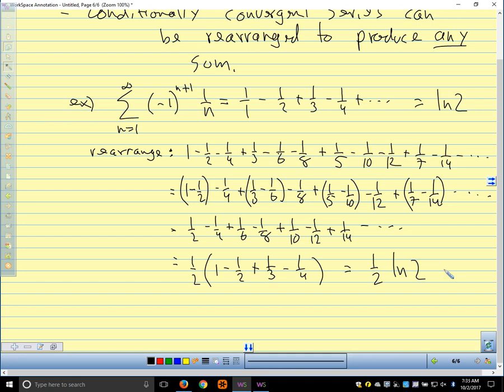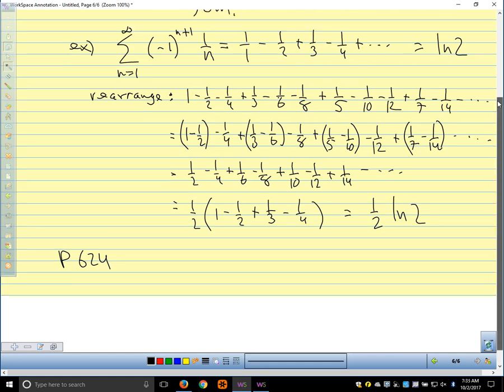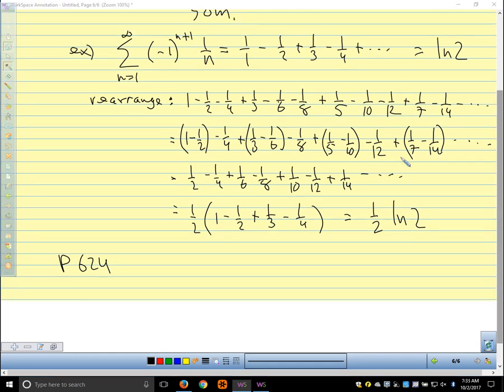So there's an article referenced in your book on page 624 that talks about this topic and gives a good explanation. It can be proven that you can rearrange this sum to be any quantity. You choose a quantity you want, and you can rearrange that sum to be any quantity.